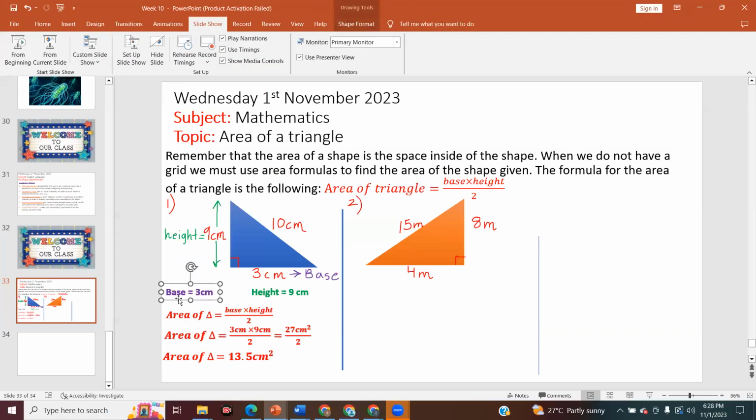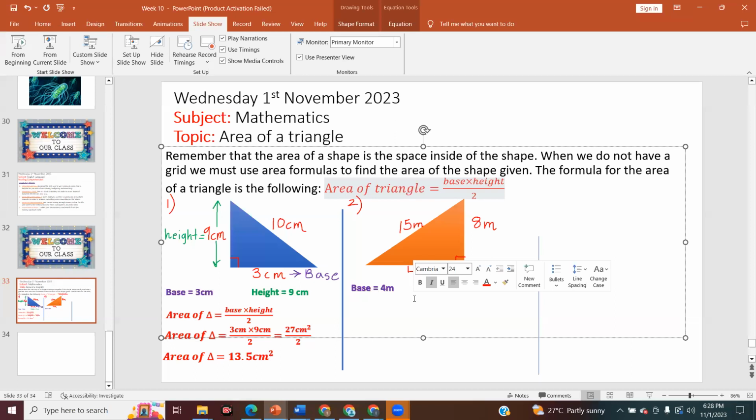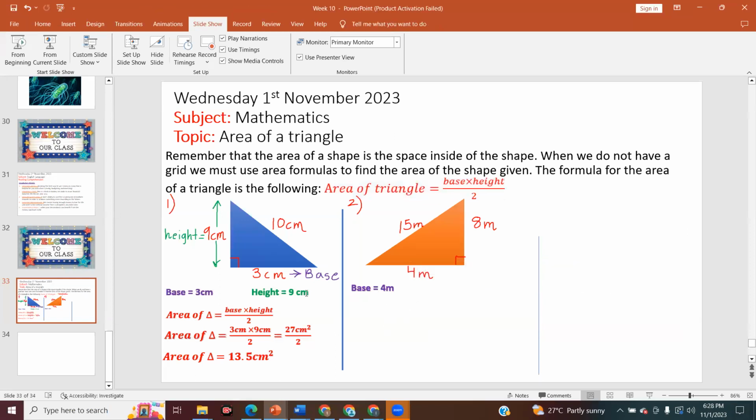The base is 4 meters. And what is the height in this case? 8 meters.